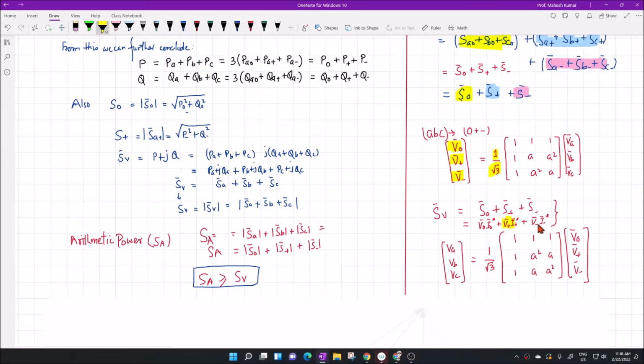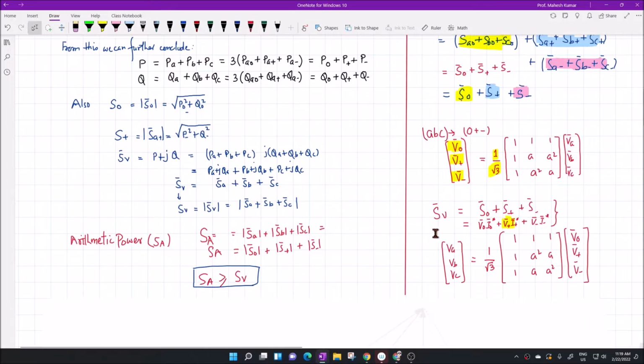And minus represents VA minus, VB minus and VC minus. So depending upon the requirement, we can use any of these transformations, 1 by 3 or 1 by root 3. But we must know the reason and the logic behind why we are using 1 by 3 or why we are using 1 by root 3 transformation. This will bring a significant clarity about why we are using a certain transformation.